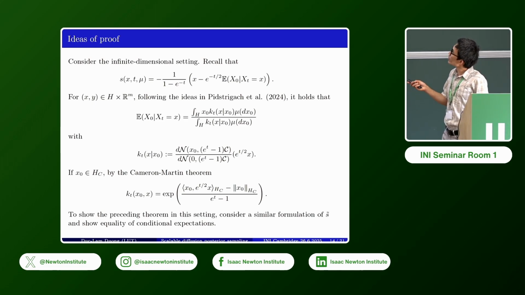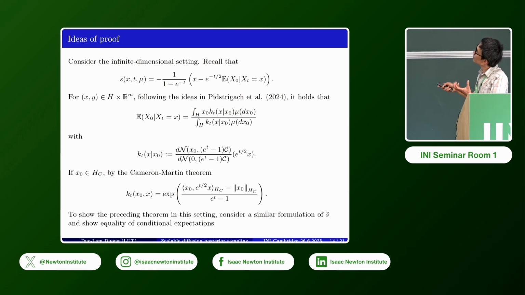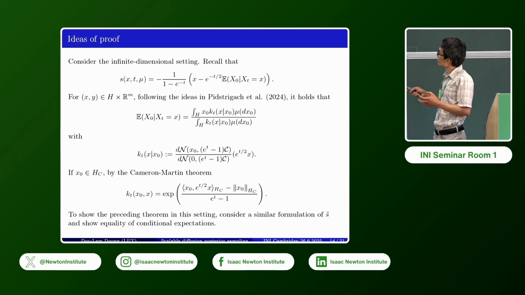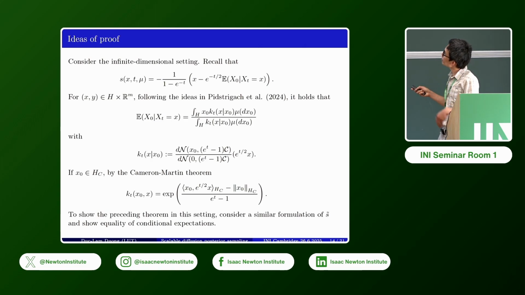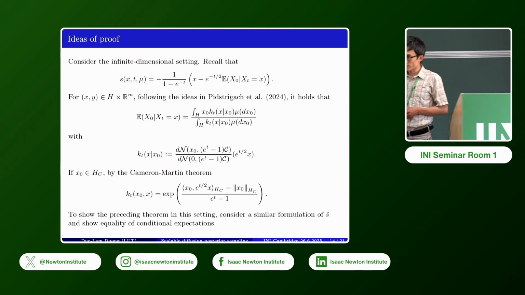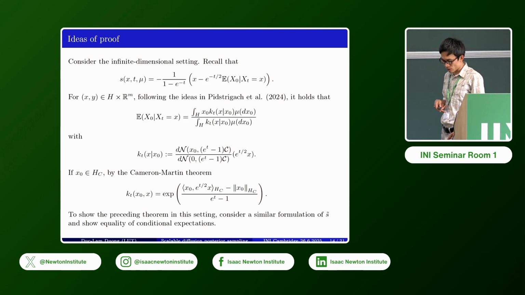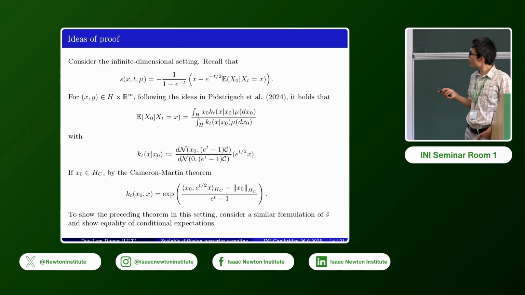We write this score function in infinite dimension in an expectation form, and then we use some ideas from previous papers to write the expectation in a nice form, and then we use the Cameron-Martin theorem together with some tricky calculations. This is very hand-wavy, but if you are curious about the proof, you can look it up in the paper.